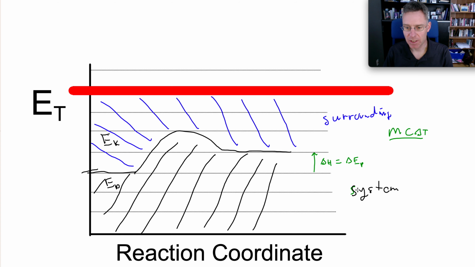The system can lose energy and make the surroundings warmer, or the system can gain energy, make the surroundings cooler, but the total energy is always the same. Again, just want to highlight that energy total is this exchange of potential and kinetic. Don't be expecting to draw something like this. Just realize that's always true.